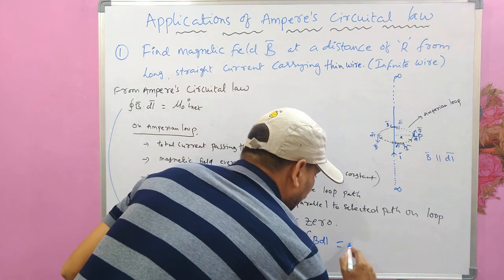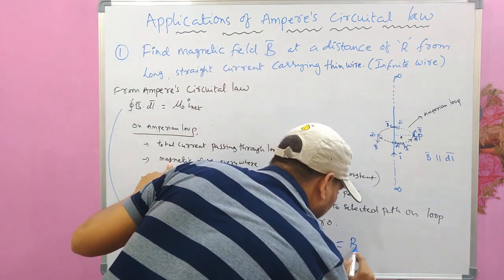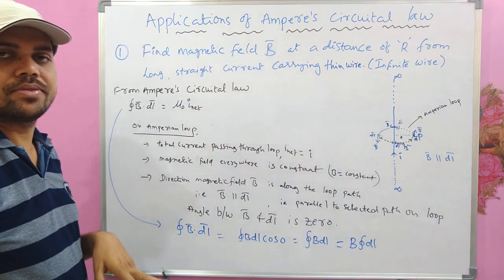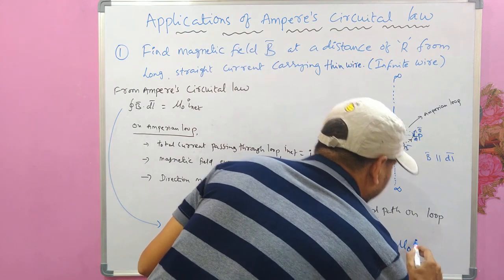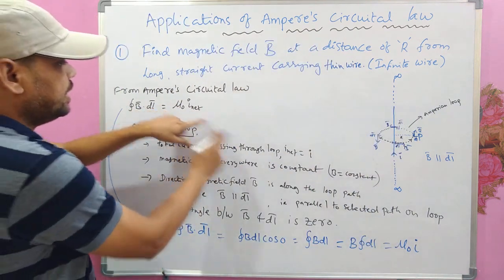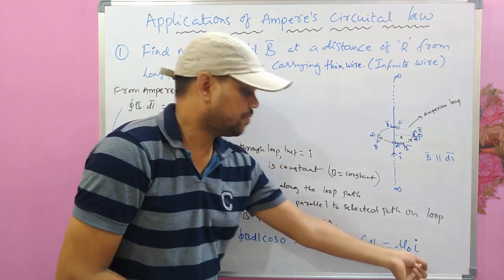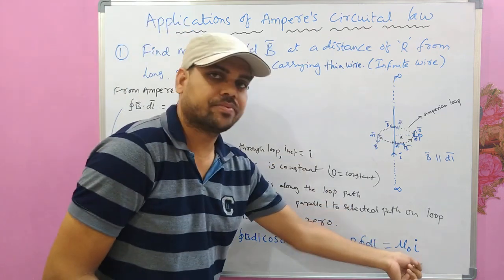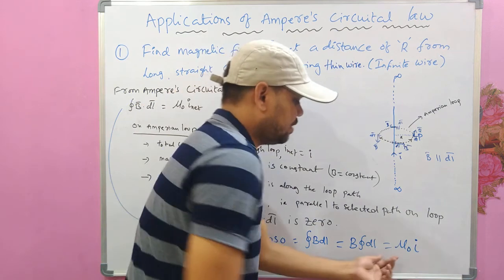Since B is constant everywhere on the loop, I am putting B outside the integral, which is equal to mu naught I net, but I net is I. The first point that we have written. Which means B integral dl equals mu naught I.